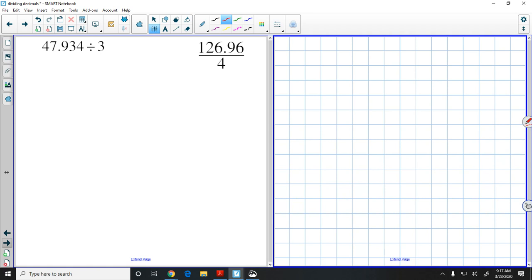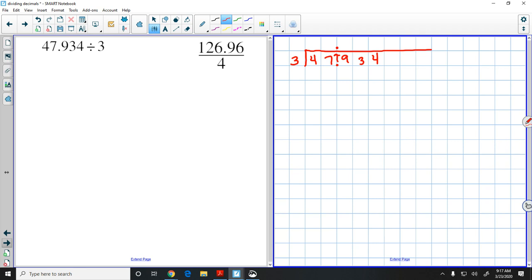So my first one, I put my divisor on the outside, and come out this way, put my dividend, which is 47 and 934 thousandths. I only have a decimal in my dividend, so I'm just going to bring that decimal straight up, plant it, and then pretend the decimal's not there.